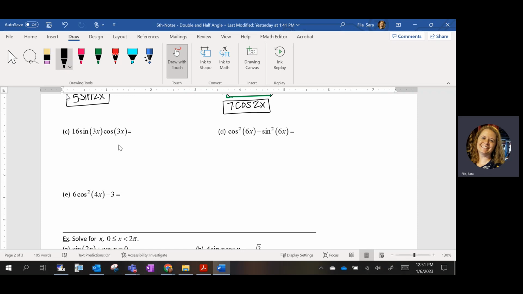When there's a value, in this case 3x, that you don't know what it is, but if it was just a single variable, you would be able to work with the expression, you can just replace whatever the expression is with U, substitute it, and then at the end, substitute the true value back in. So I'm going to say U is the same as 3x, and replace 3x in this expression with a U.